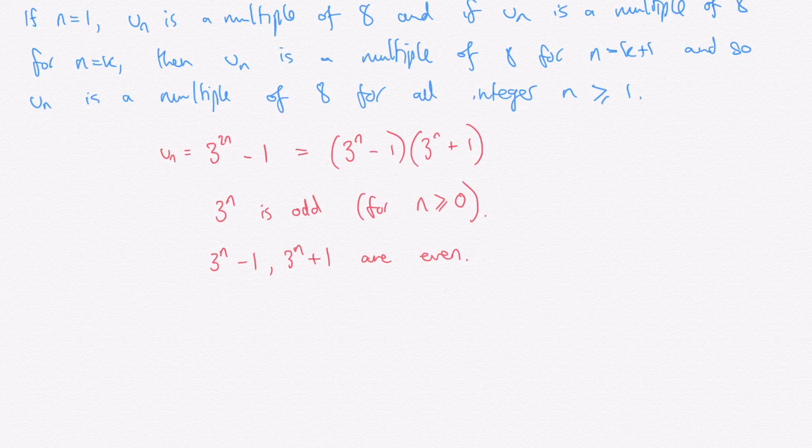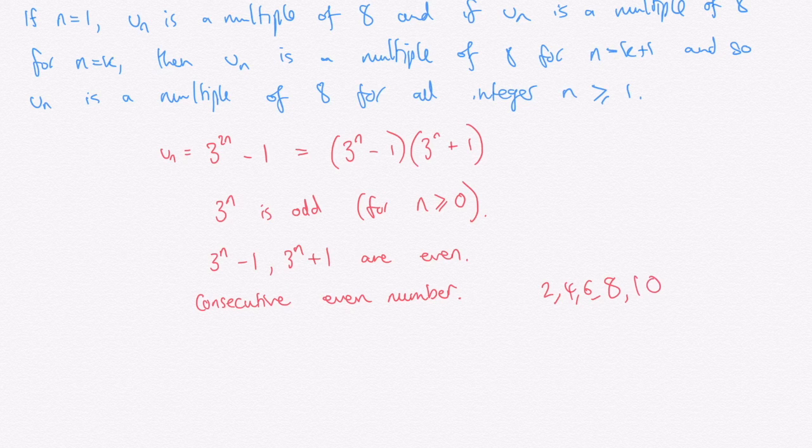And in particular, they are consecutive even numbers. Well, if we think about consecutive even numbers, exactly one of them must be a multiple of 4, and both of them must be multiples of 2. That should be really clear if we just consider our even numbers: 2, 4, 6, 8, 10.